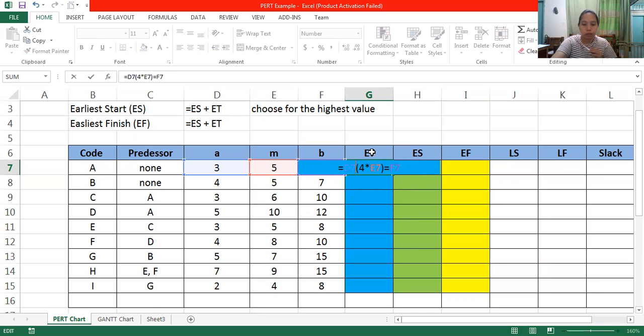And this is plus. Then we're going to divide this by 6.